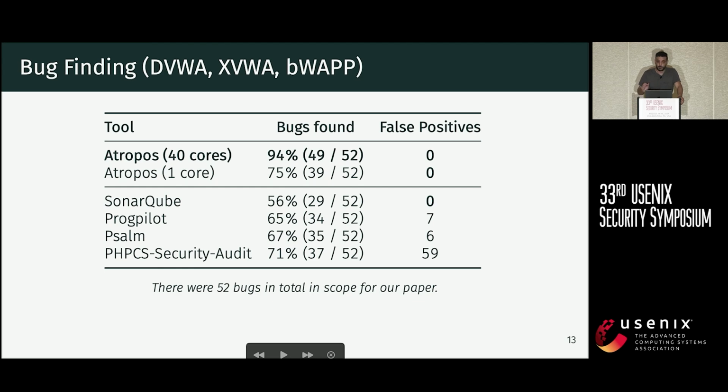And in our case, we've used all the 40 CPU cores that we had on our machine. And as you can see, we nearly found all the bugs in the 3 test suites that we looked at. And what I also want to highlight is that Atropos didn't report a single false positive on the test suites. And the only other tool, the static analysis tool, that also reported 0 false positives is SonarQube, also known as RIPS. But that one also missed nearly half of the bugs.